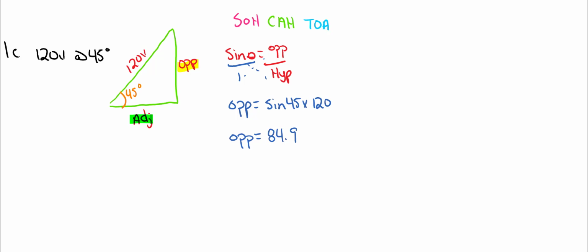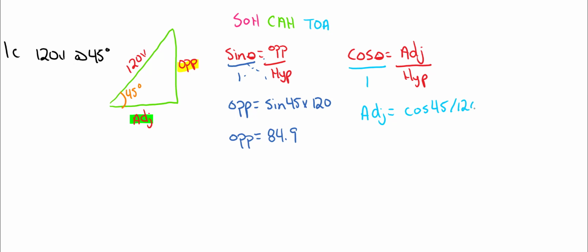Once again, I could use the tan function or I could use the cosine function. Let's use the cosine function. Cos theta is equal to the adjacent divided by the hypotenuse. Cross multiply to isolate for the adjacent. The adjacent is equal to cosine of 45 degrees times 120.